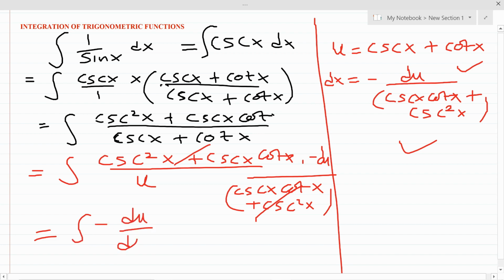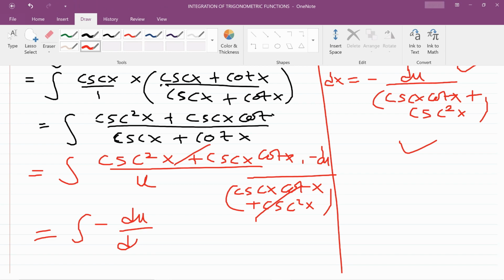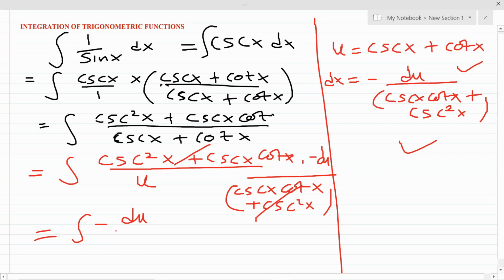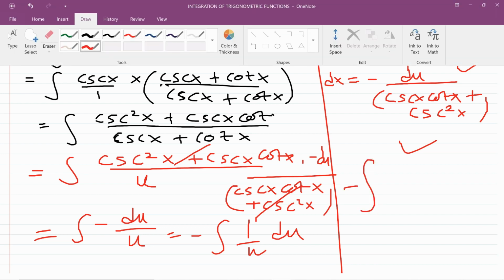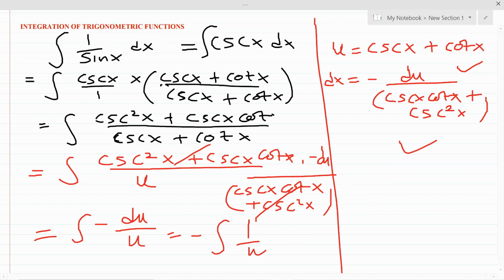So negative du over u, which is equal to negative integral of 1 over u du. So the whole of this integral will be equal to, the idea we know, negative ln of u plus c.